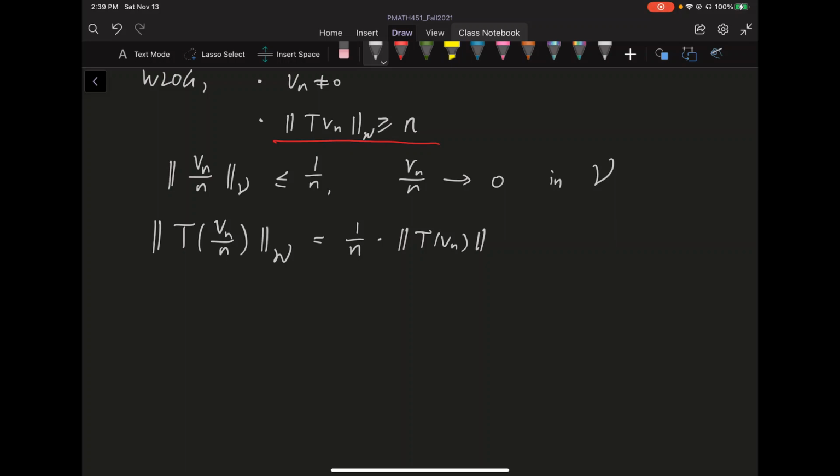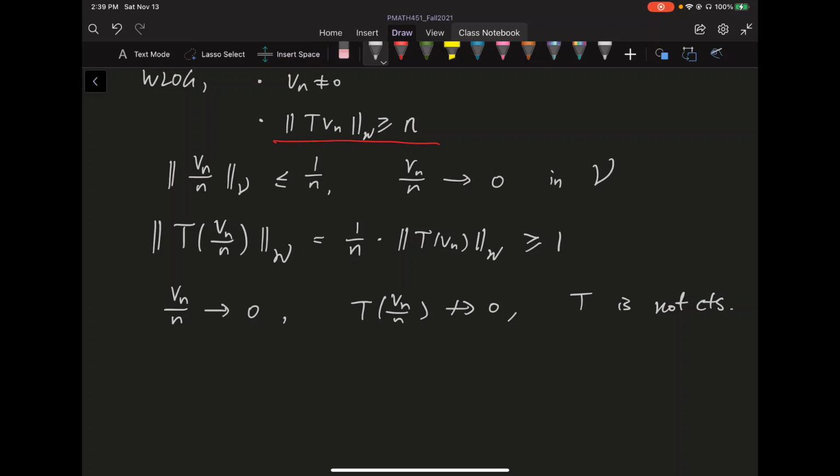So when you divide by n, that's going to be greater than or equal to 1. So the point is, it's not 0. So what do we have? Basically, now we have a sequence of vectors converging to 0, but T of this sequence of vectors is not converging to 0. Okay, so T is not continuous.